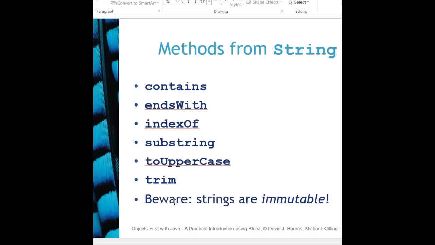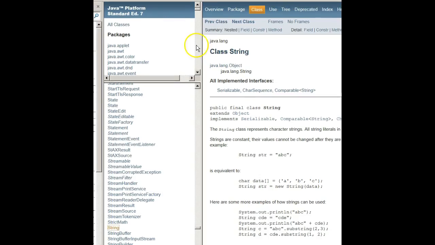Another important thing to remember: string objects are immutable. That means you cannot change them once they have been created. Let's look at the String class. I kept going down until I found the word String, and you can see the class String is under the java.lang library.